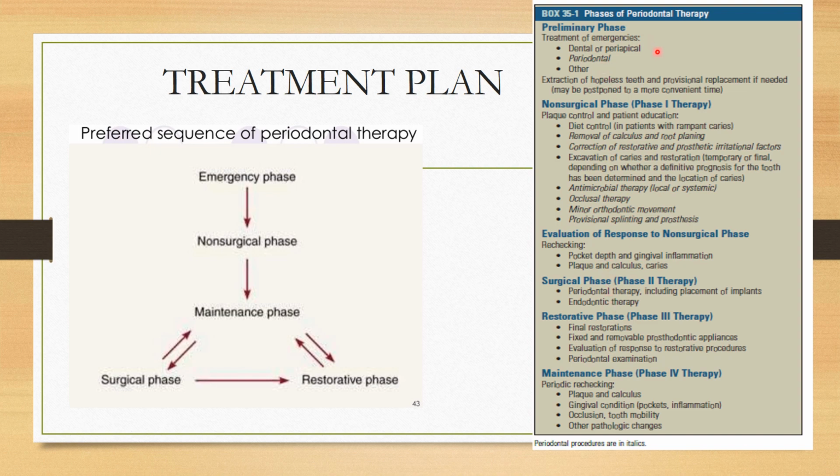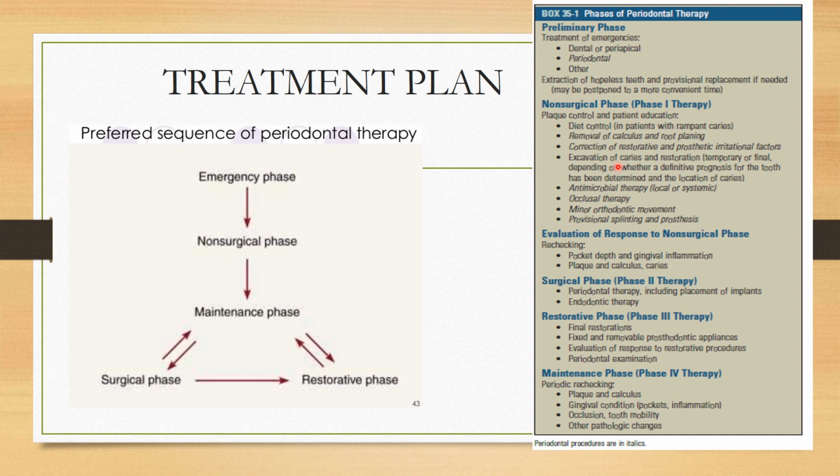So what is the preliminary phase? If there is any pain or abscess, all should be treated under this, and extraction of hopeless teeth should also be under the preliminary phase. The non-surgical phase, that is cause-related therapy or phase 1 therapy, usually includes non-surgical periodontal therapy.